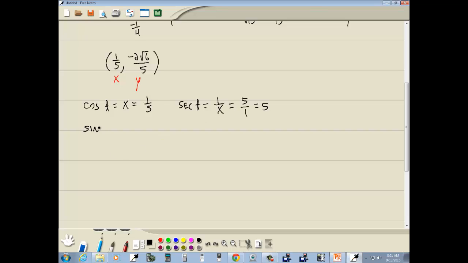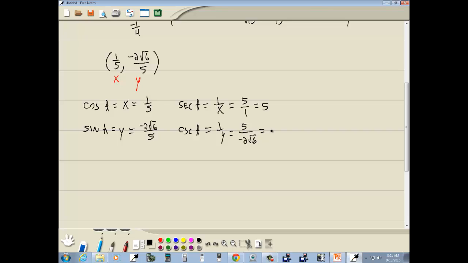Now sine. Sine is equal to y, which is negative 2 square root of 6 over 5. And we'll go ahead and take a look at the reciprocal of that. Cosecant is 1 over y. So we're going to flip this fraction, take the reciprocal of it. So we got 5 over negative 2 square root of 6.